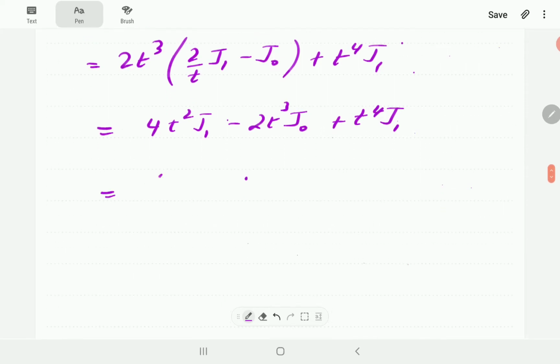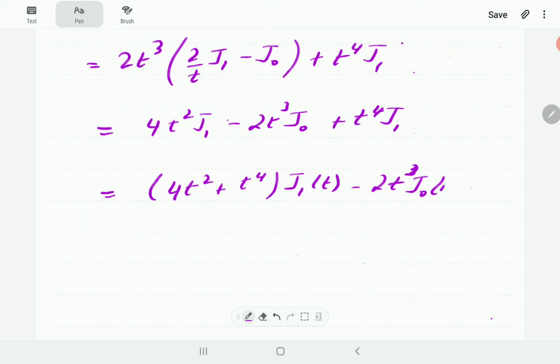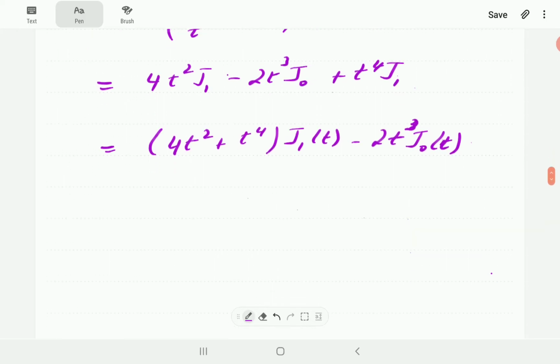Then if we collect terms, this is going to be 4t squared plus t to the power 4, all times J1, and then minus 2t cubed J0. So that is going to be our final answer.